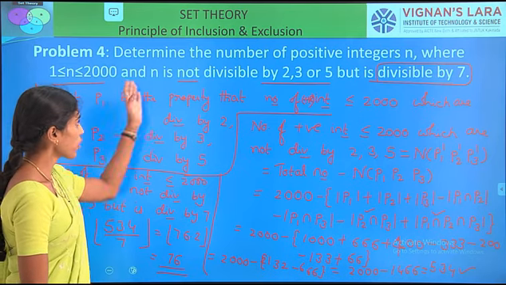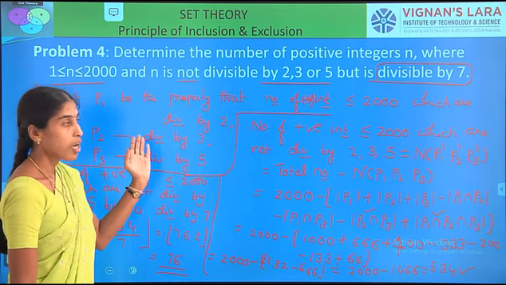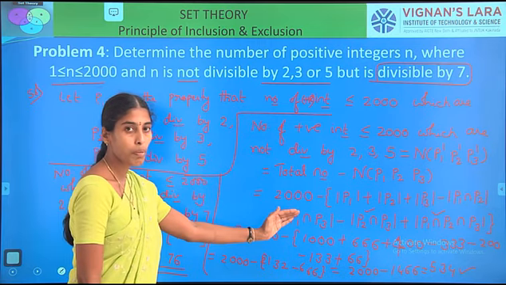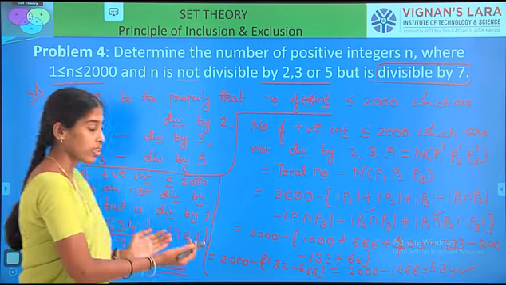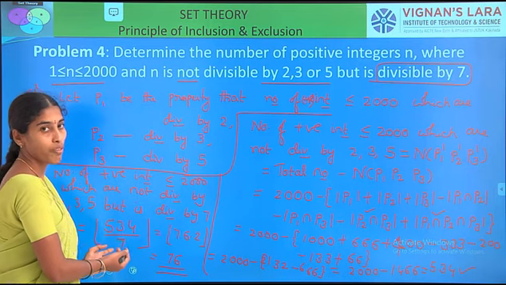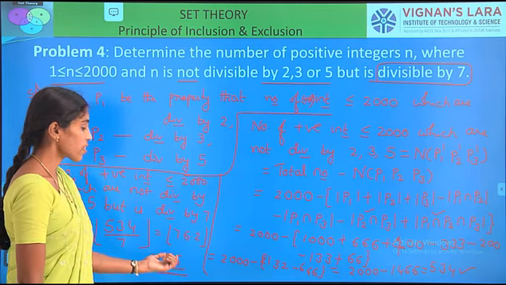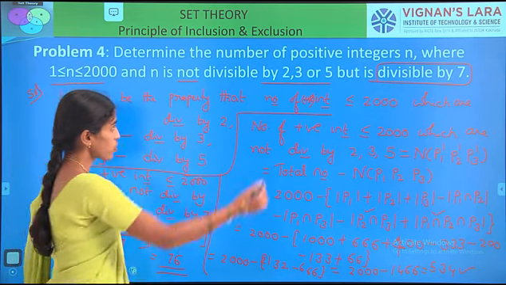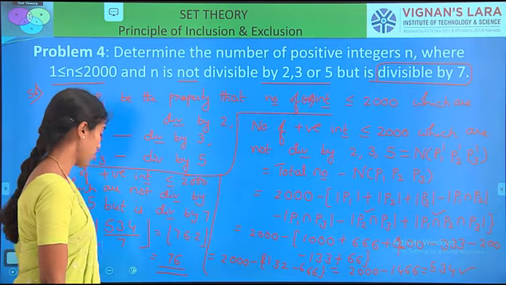Like this we calculate the number of positive integers which are not divisible by 2, 3, 5 but divisible by 7. First we calculate not divisible by 2, 3, 5. Then using that number we divide by 7 and apply the floor function, and we get 76. So in total 76 numbers from 1 to 2000 are not divisible by 2, 3, 5 but are divisible by 7.